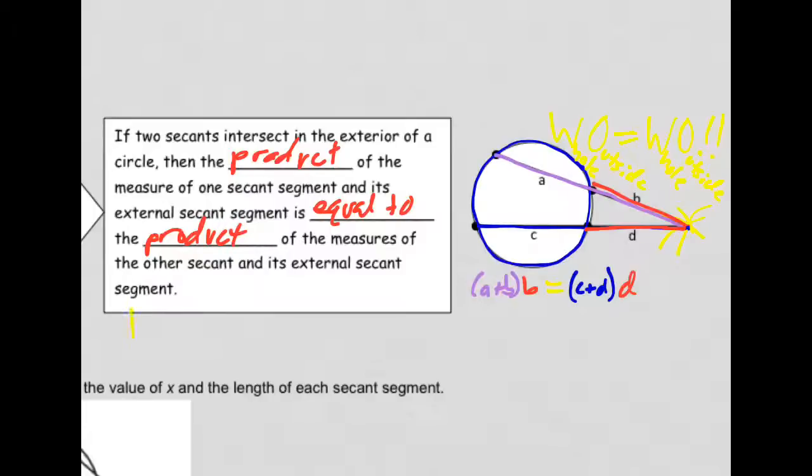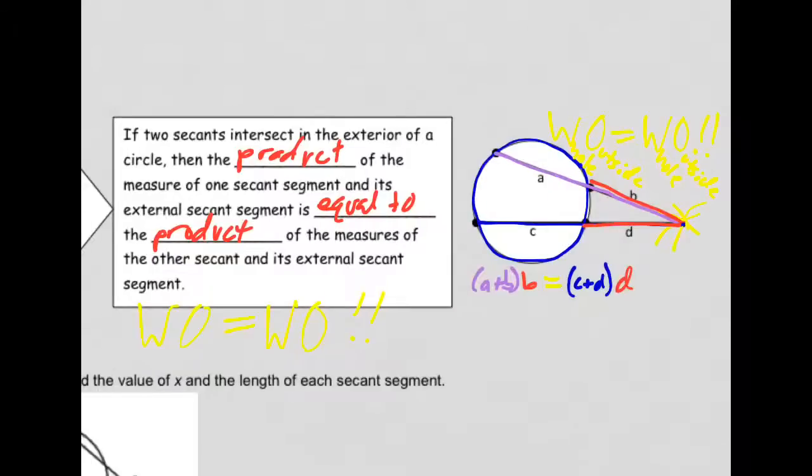What does that all mean? Whoa, whoa. All that means is you multiply your whole times whatever's outside of the circle, and that equals the other secant, whole times whatever's outside of the circle. Okay.